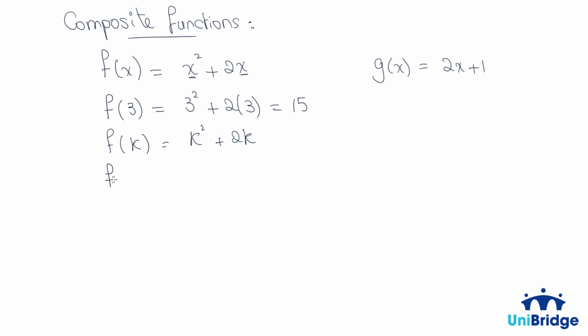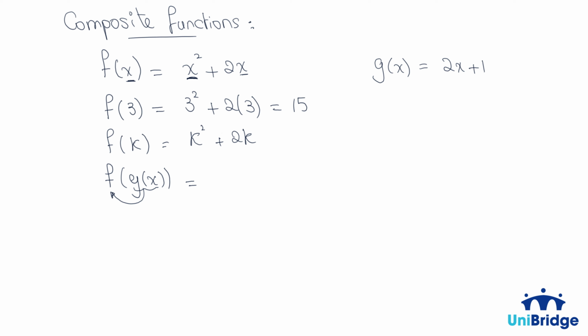Now, if you want to find f of g of x, this is what we call a composite function. This means that you want to plug g of x as a whole inside the f. This is what we're doing here. So you remove each x and you plug in 2x plus 1 inside the function as a whole.